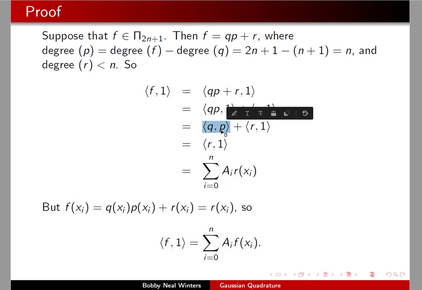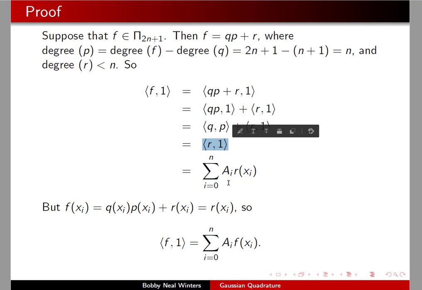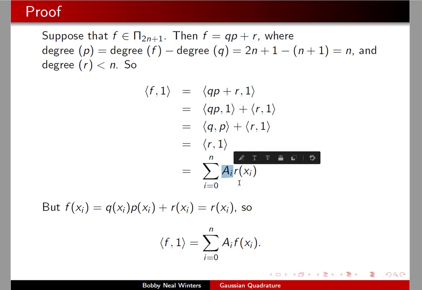Since this polynomial p is of degree n, q is orthogonal to it, and so that goes to 0, and so we're only left with the integral with r and 1, which we can approximate exactly using the method because it's of degree less than n.